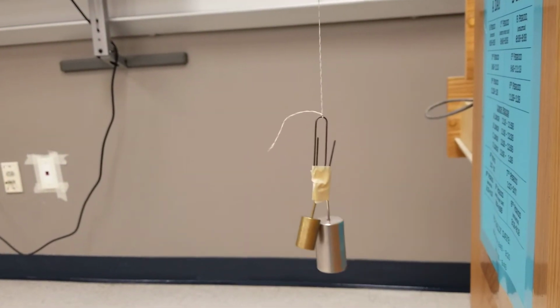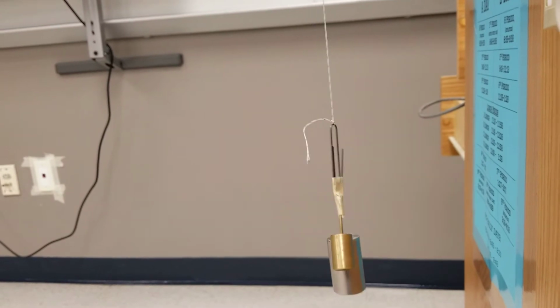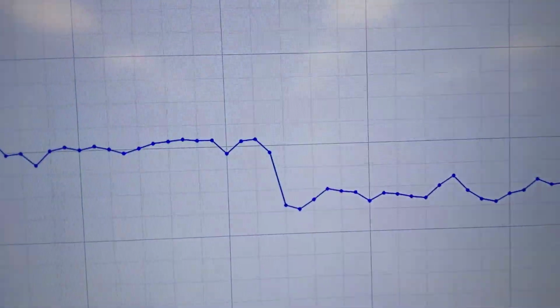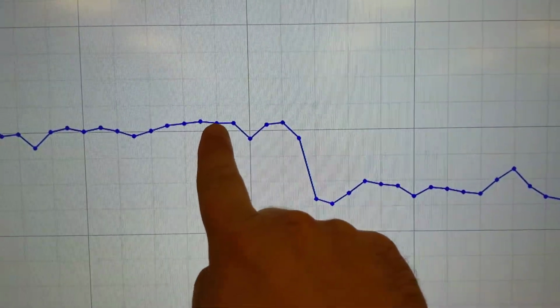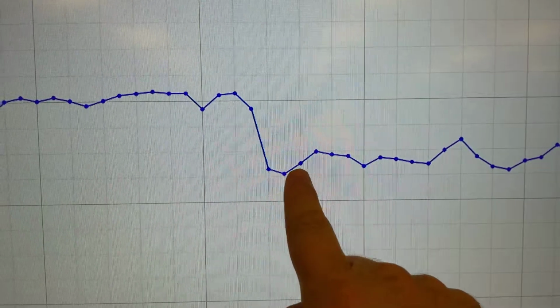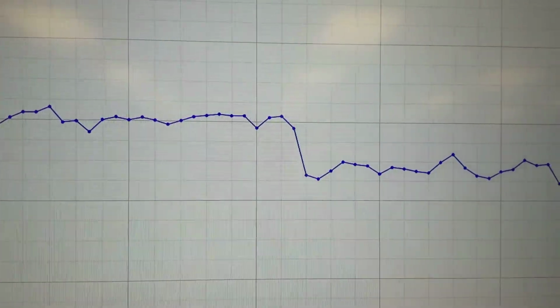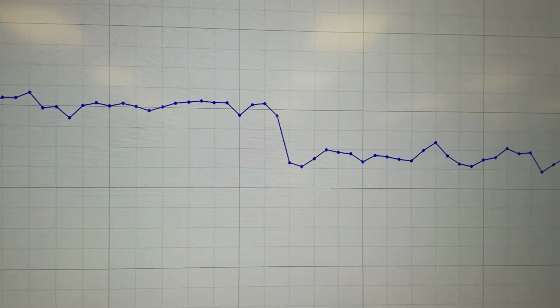The gravitational force doesn't change, so that must mean the tension force is decreasing. So when I let it go and that thing accelerates downwards, the tension is decreasing throughout the string, which is exactly what we're seeing right here. Here, that little hanger is in equilibrium. Here, it's accelerating downward, so the upward tension force was smaller than when it was at equilibrium.